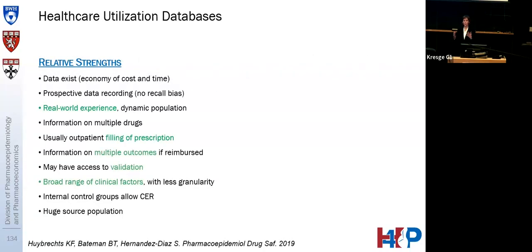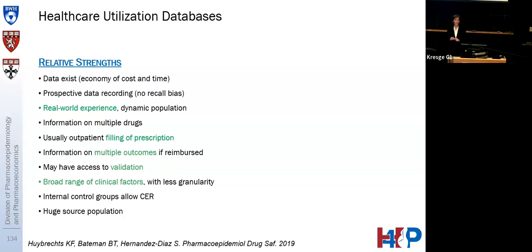I think most of you are quite familiar with the strengths and the weaknesses of these healthcare utilization databases. So I won't go into a lot of detail, but I just wanted to briefly summarize a couple of the characteristics, specifically focusing on what is important in the context of drug safety in pregnancy. Importantly, we have information on the exposure before the recording of the outcome.